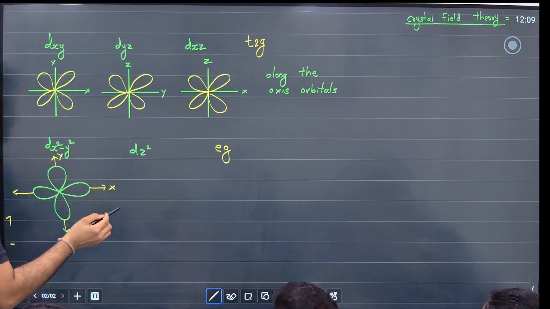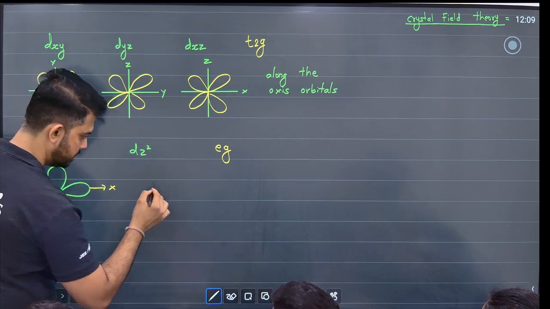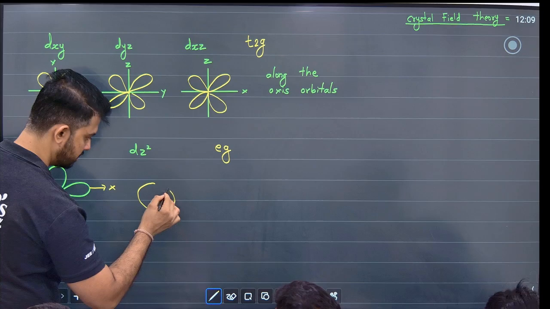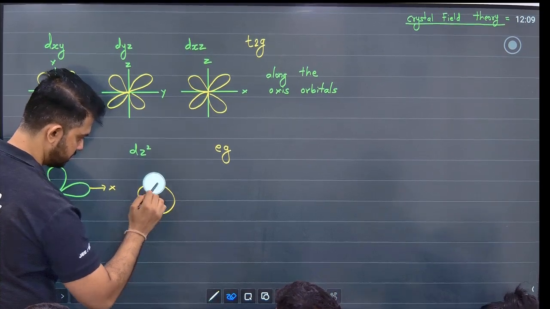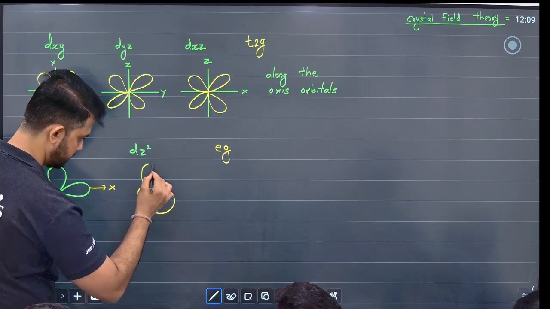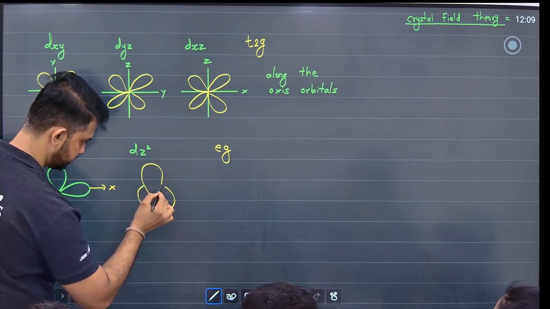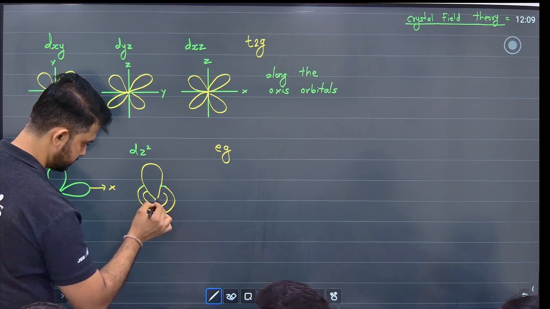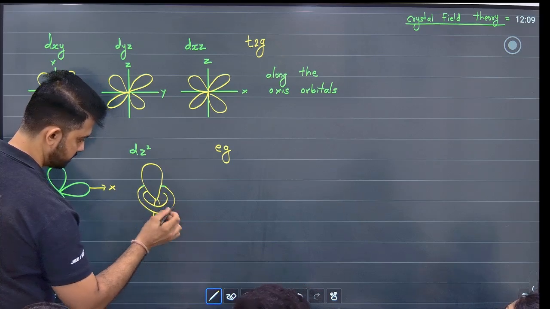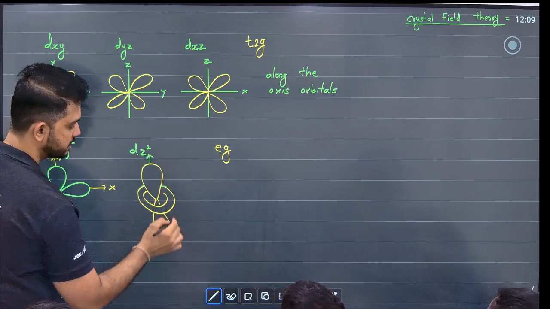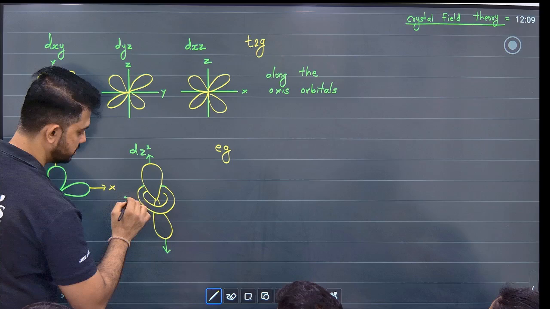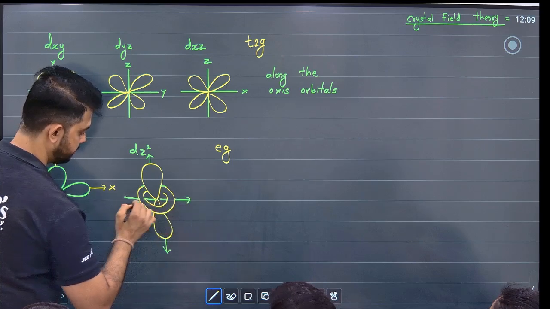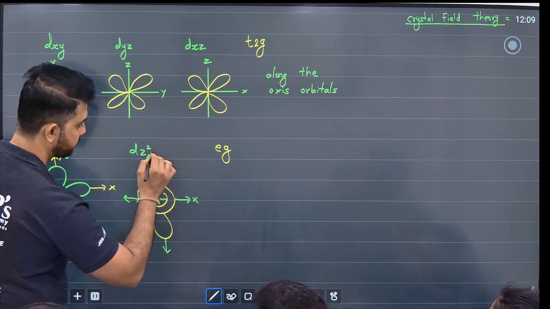And how is dz square, people? This was called donut shaped, yes or no?